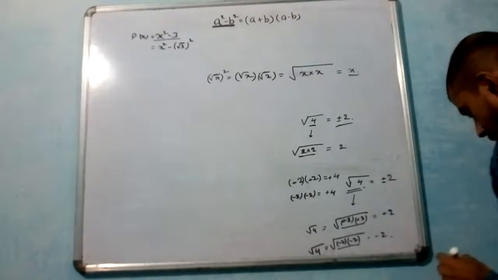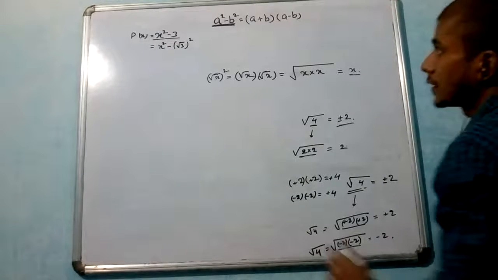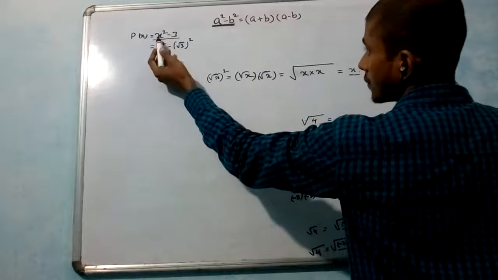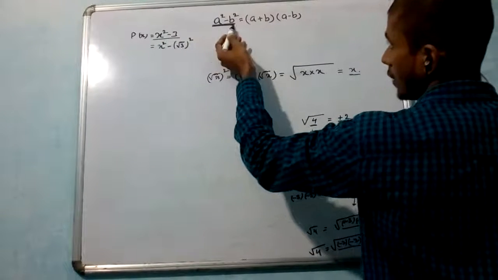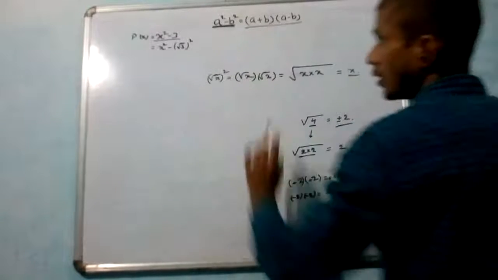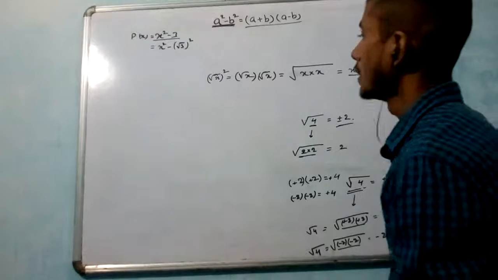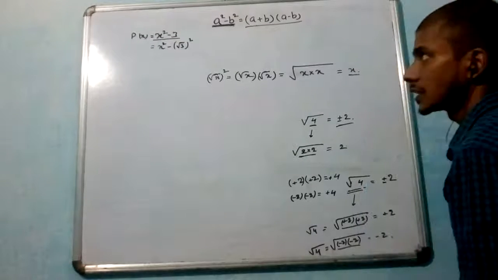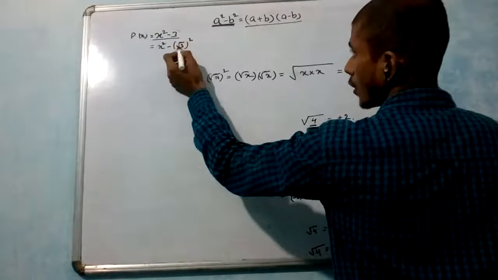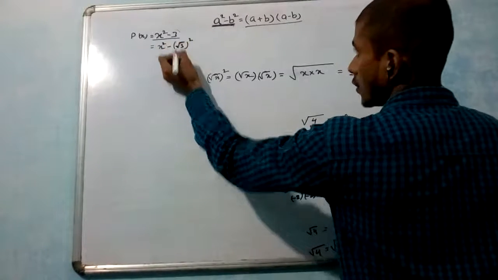So this was the idea, that if I get this also in the square form, we will have a square minus b square form, and then we can directly use the identity expansion and come to the simple linear factors. Understanding? That's why I tried to write this 3 in square form. So x square minus root 3 square. Is it clear?